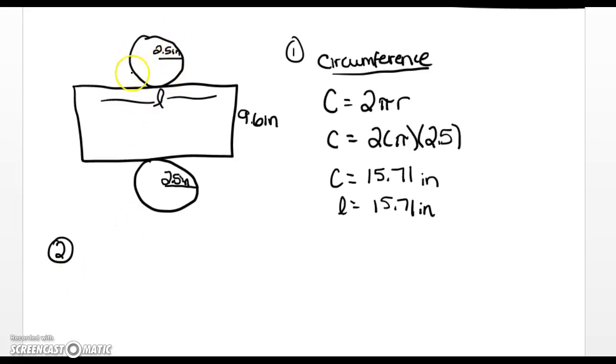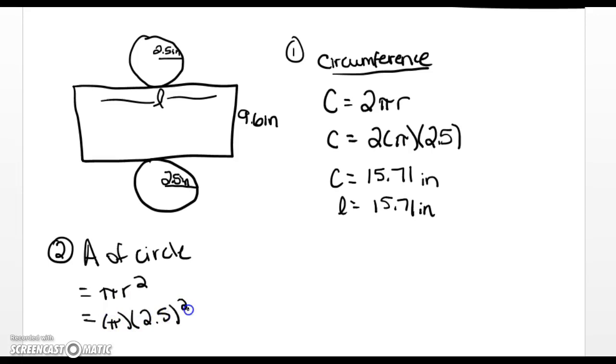First, we're going to move on to the circle. So find the area of the circle, and that's using pi r squared. So you're going to put pi times your radius, which is 2.5, and square it.